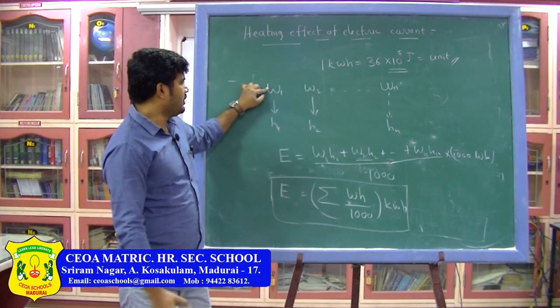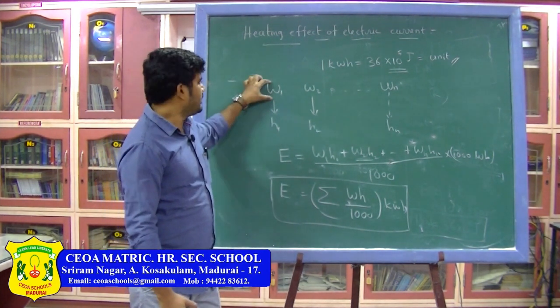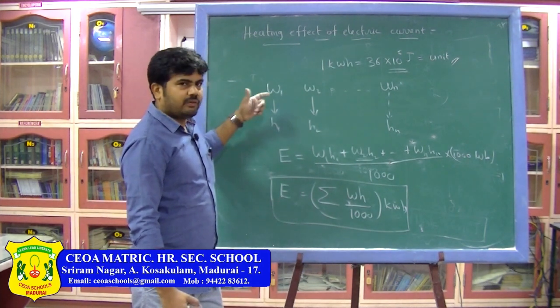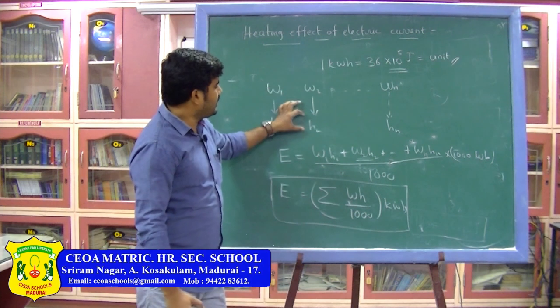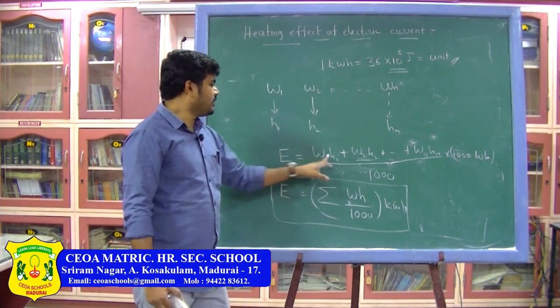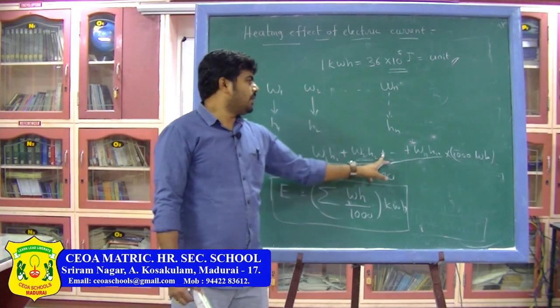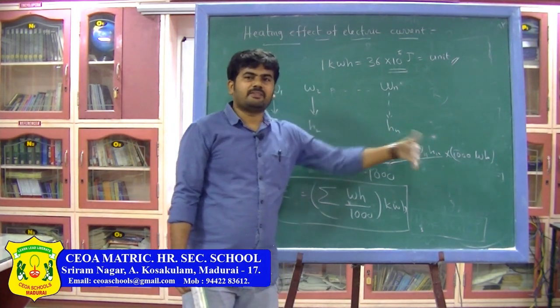Here W1 is the wattage of the first device, and H1 is the number of hours during which it is used, and W2 is the wattage of the second one, and H2 is its number of hours, and so on. Just multiply W1 H1 plus W2 H2 and so on up to Wn Hn, where n is the number of electrical appliances in the house.